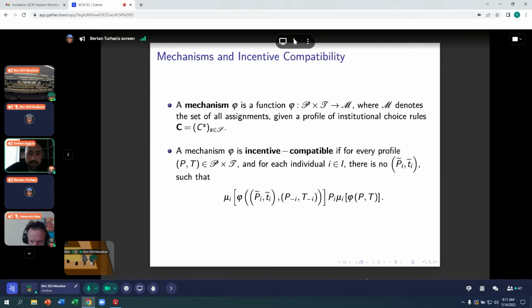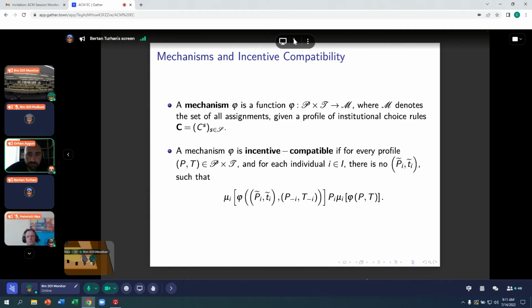And for any problem, we run a matching mechanism to construct an assignment. And to run this matching mechanism, students, the strategic part, submit their preferences over institutions along with their declaration for reserve membership.